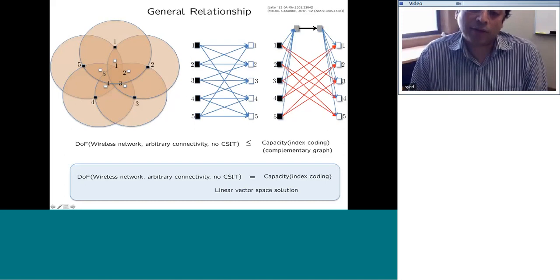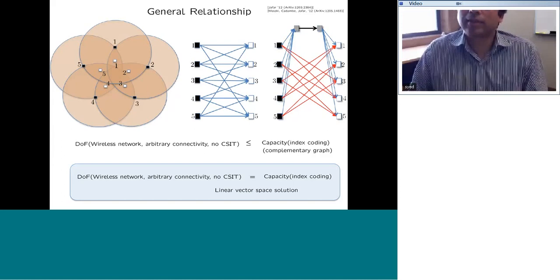And to give you an idea, for the multiple unicast index coding problem, which is what all of these are, it was not known that linear codes are not enough to achieve capacity. So every example that you have, linear codes are enough to achieve capacity.